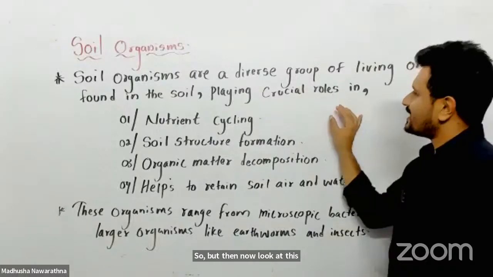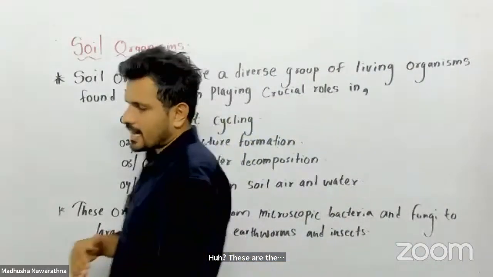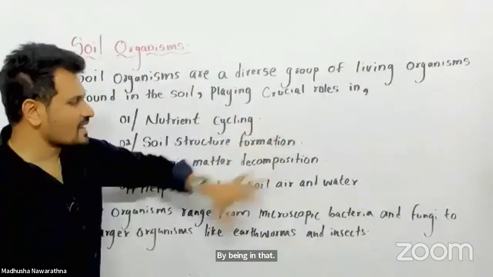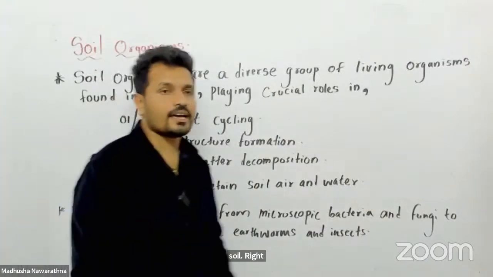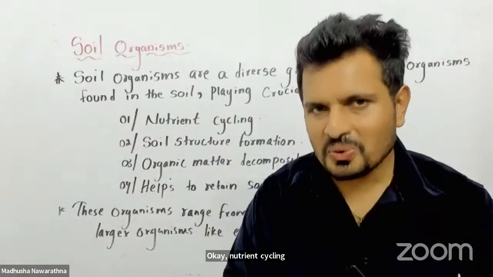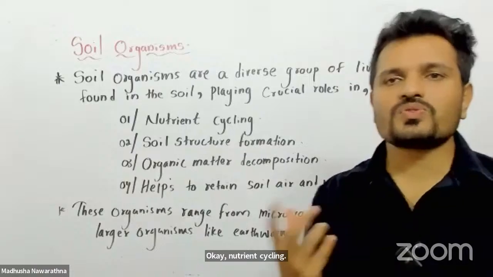So, now look at this. These are the crucial roles that they play by being in soil. Nutrient cycling, what is that? Riding bicycles? No, no. Right? Soil has nutrients.